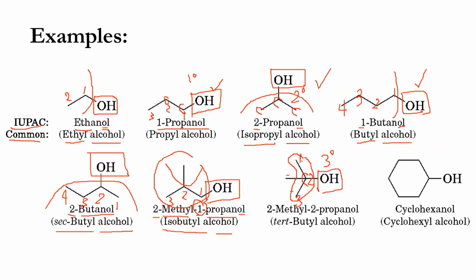What about the other carbon? The other carbon is a substituent called methyl. Where is it bonded? At carbon 2. That's why it's called 2-methyl. And then 2, because your hydroxy group is attached at carbon 2, hence that is 2-propanol. For the common name, since this is a tert-butyl alkyl, you add the word alcohol, so the common name is tert-butyl alcohol.